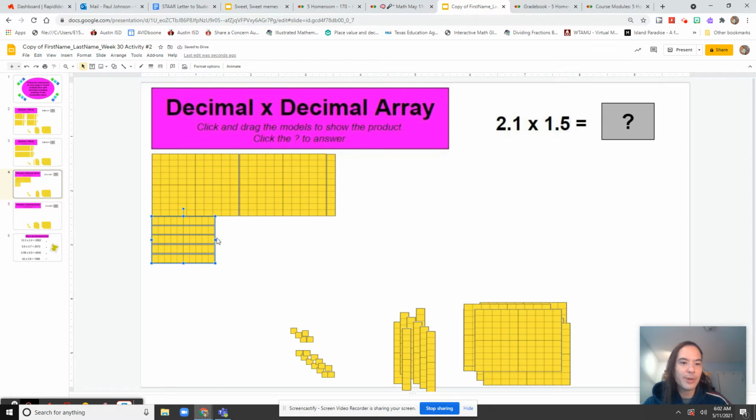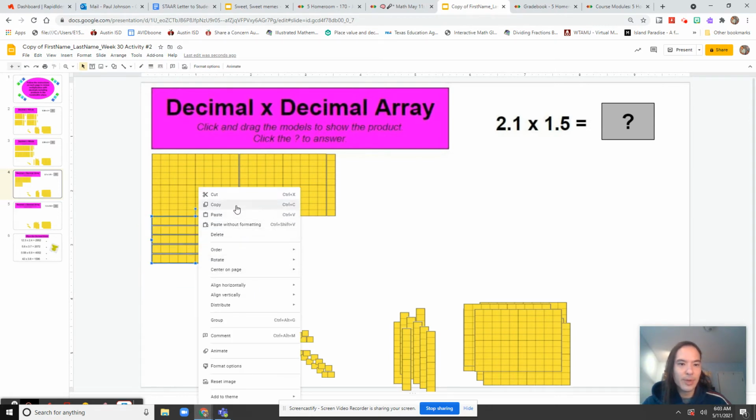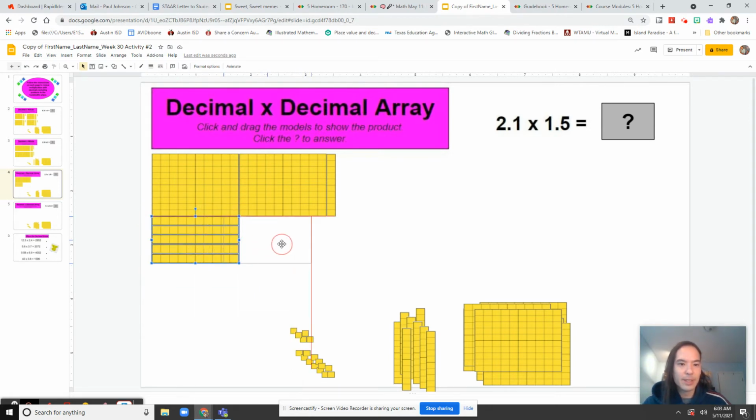Okay, I'm going to show you this one, but you don't have to make this one yourself. It's actually going to be a little bit difficult to make yourself because you have to do this. Here is 1 and 1, 2, 3, 4, 5/10 this way. Here's 2 and 1/10 this way. So basically what we have to do is fill up the space.